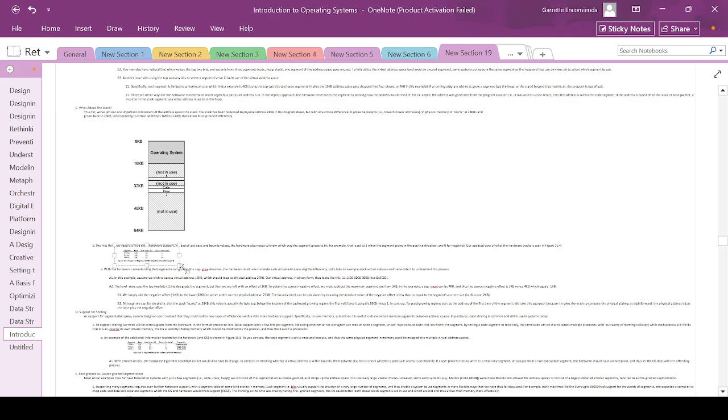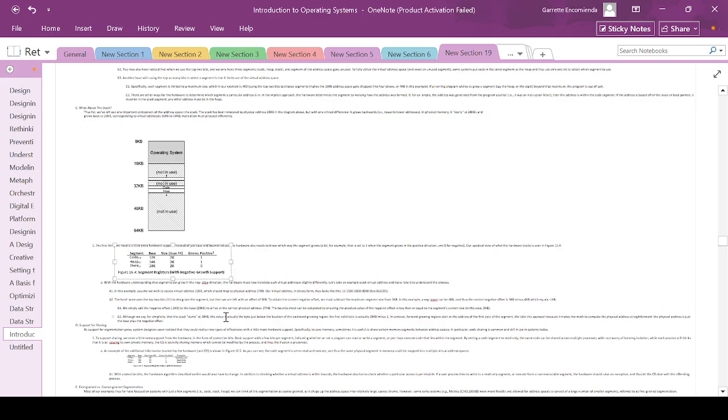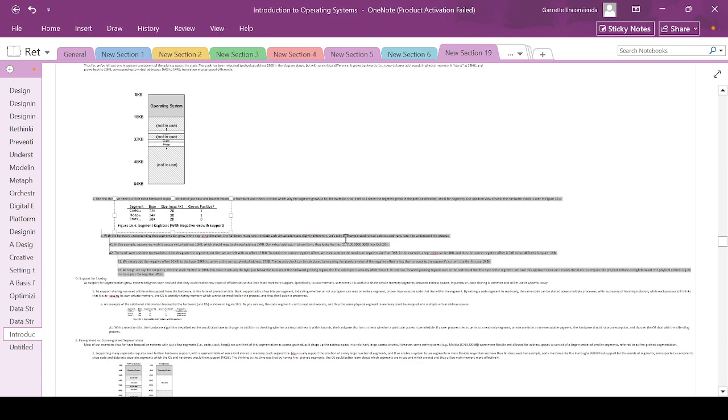The first thing we need is a little extra hardware support again. Instead of just base and bound values, the hardware also needs to know which way the segment grows. A bit, for example, is set to 1 when the segment grows in the positive direction and 0 for negative.